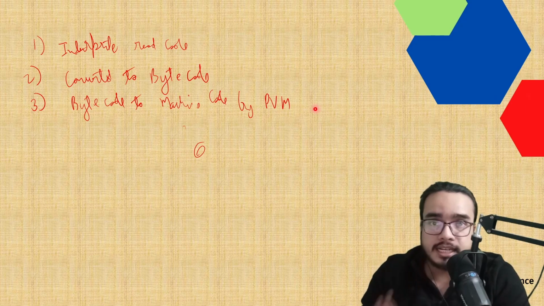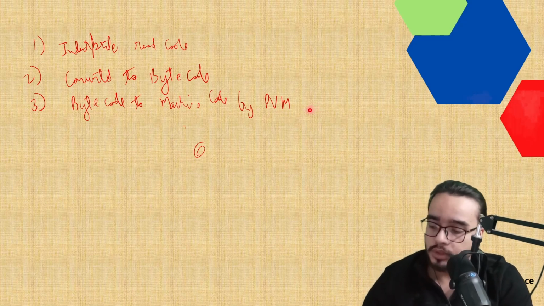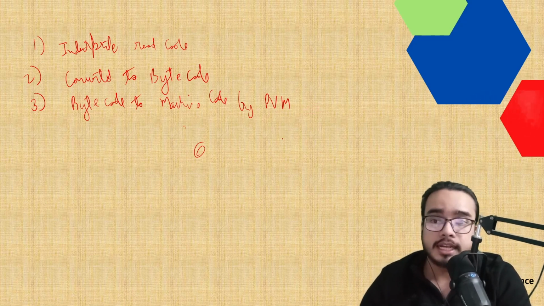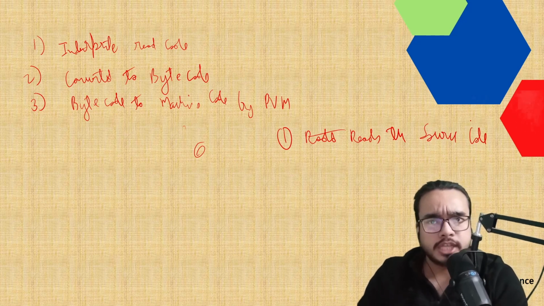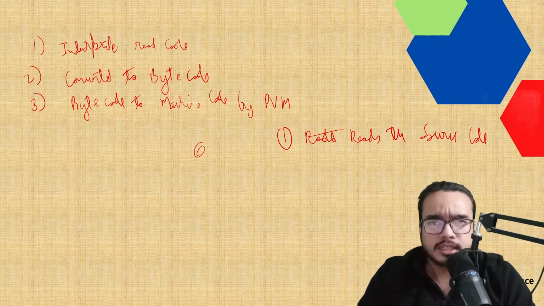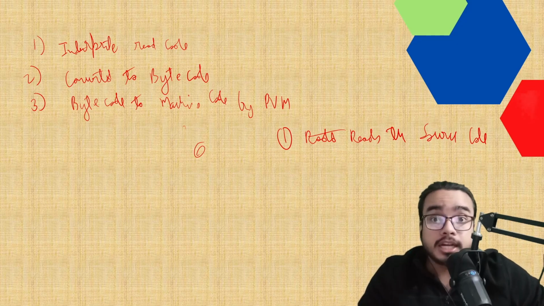So the interpreter performs the following tasks. First of all, it reads your source code, reads what I am writing, and it checks for syntax. Are the parentheses balanced? Are the colons used correctly? Is the indentation valid? All of these things are checked during the interpreter process.